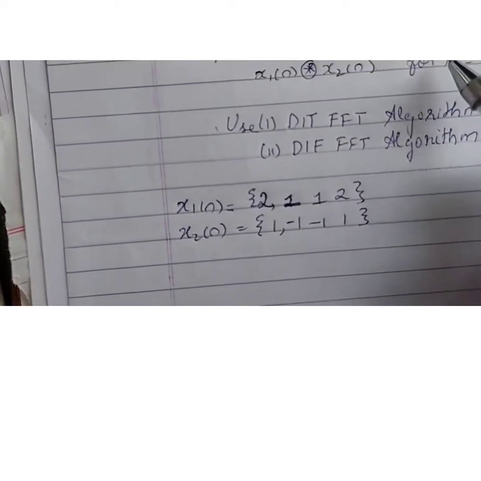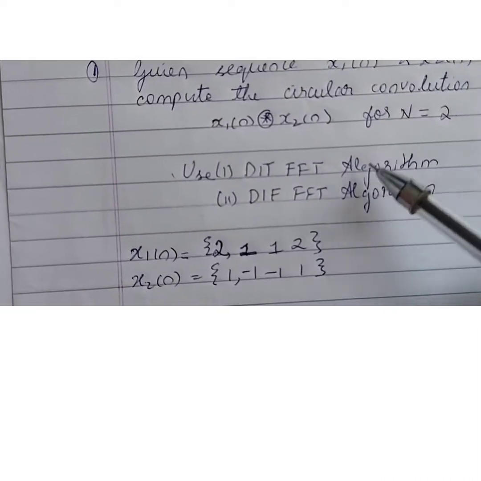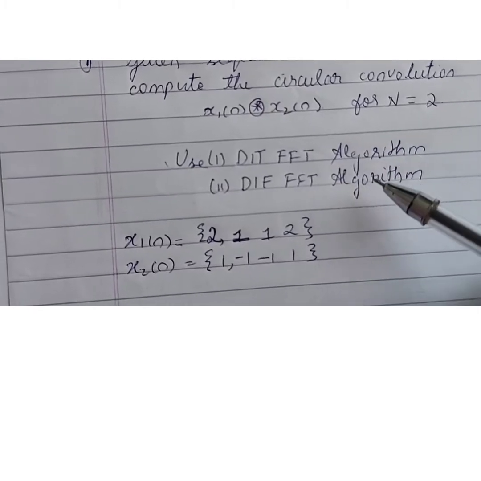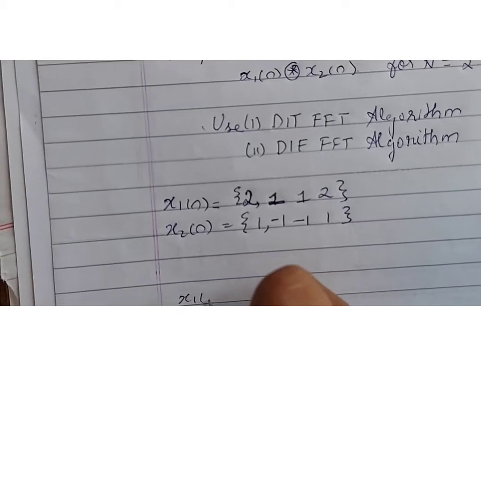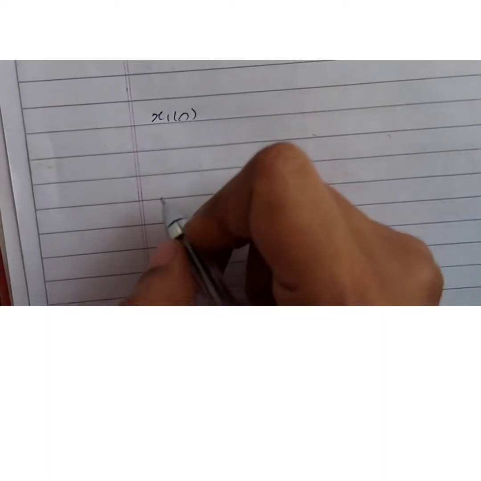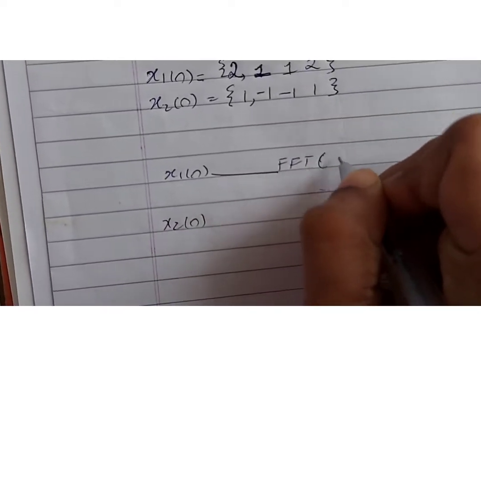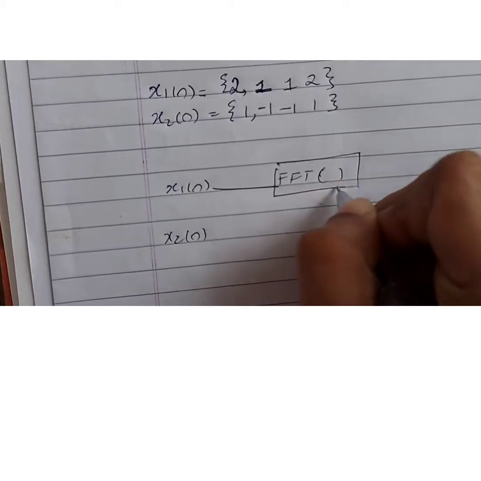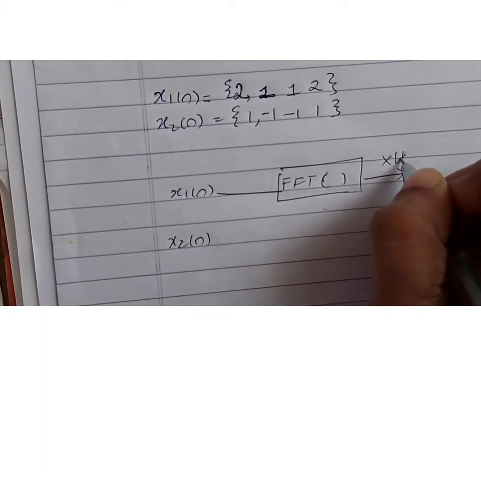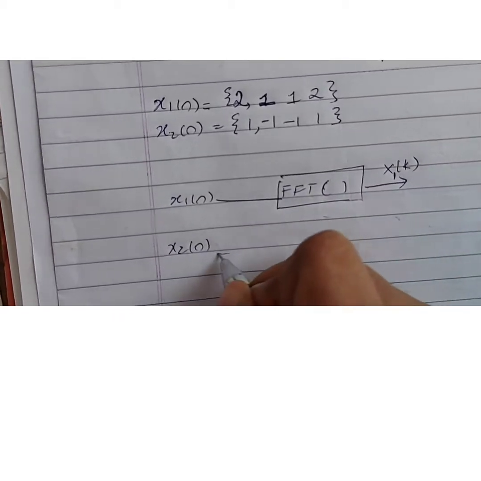So if you want to perform the circular convolution using DIT FFT and DIF FFT, it means that you have to take your x1 of n, your x2 of n, and find out the FFT of this. What will be the output of this? X of k, that is x1 of k.